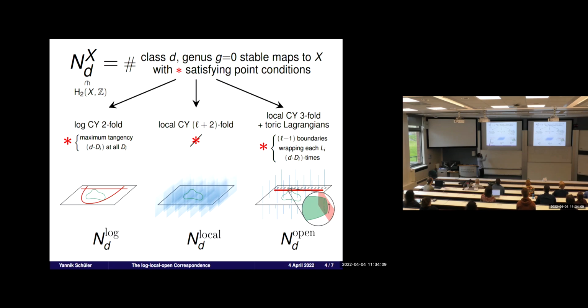So here we impose tangency. Here we are looking at stable maps which have a fixed number of boundaries, namely L minus 1. And each of these boundaries, one boundary always maps to one of the Lagrangians in the target.